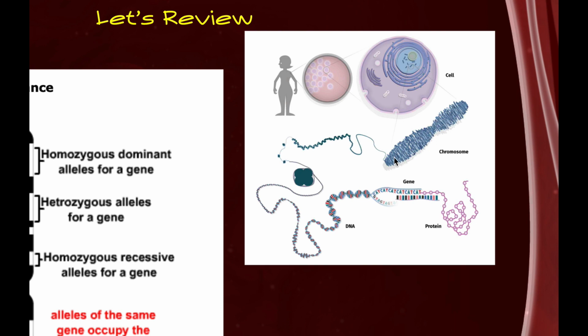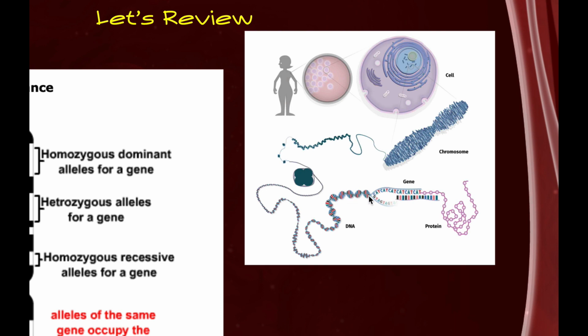So if we tried to unwind this, what we'd come up with is essentially a loose piece of DNA. And if we continue to unwind it, letting it release from all of these histone proteins like beads on a string, and we stretch it out, what we're going to get to is plain and simple DNA.